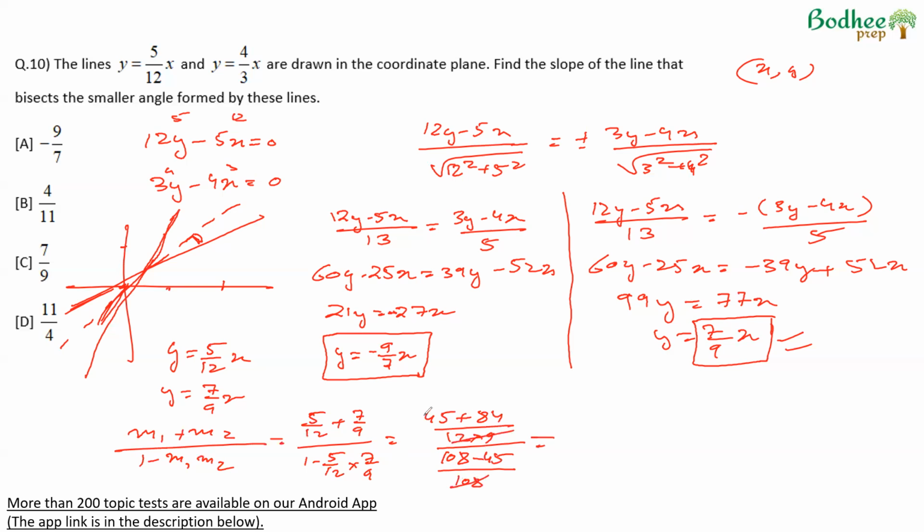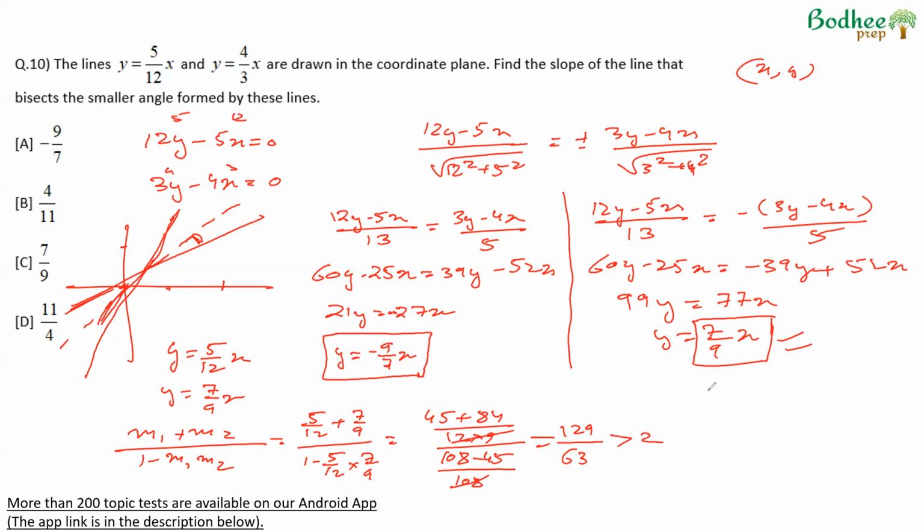These two get cancelled. 129 upon 63. Clearly, this value is greater than 2.